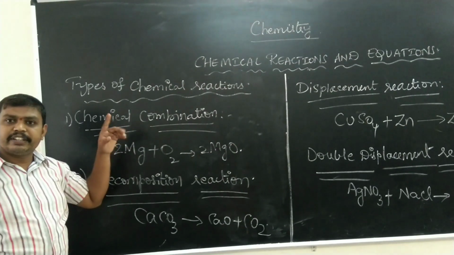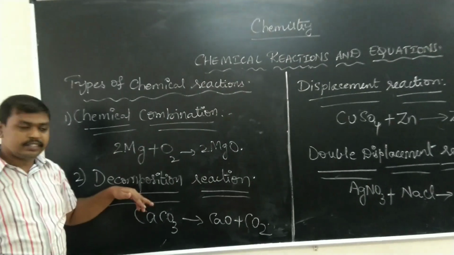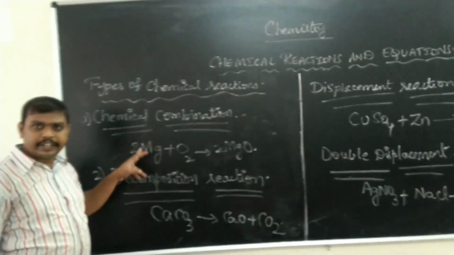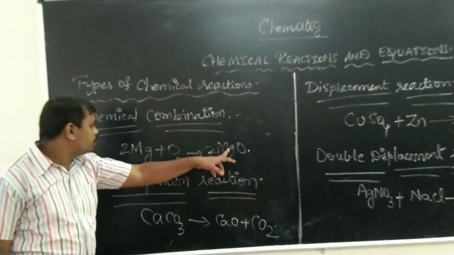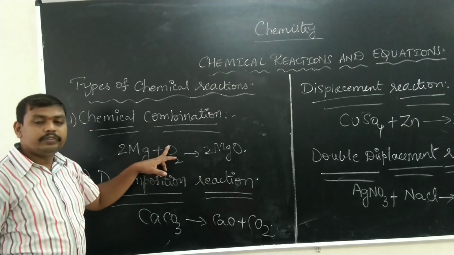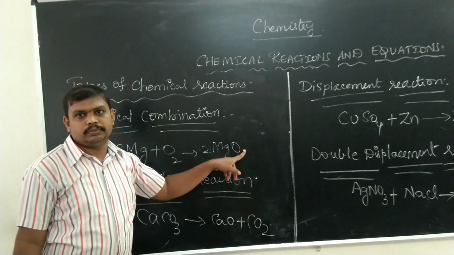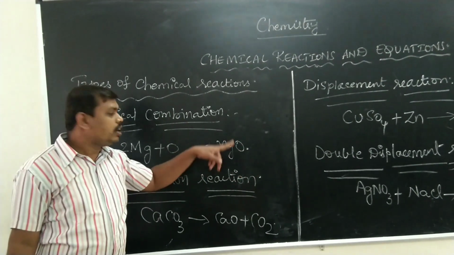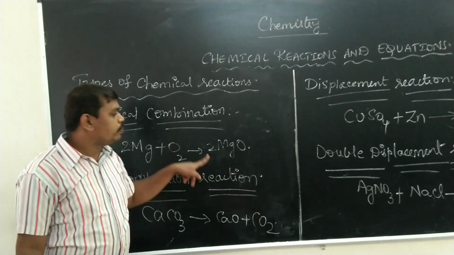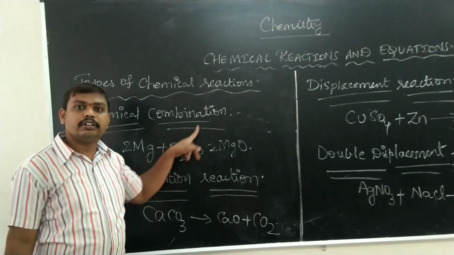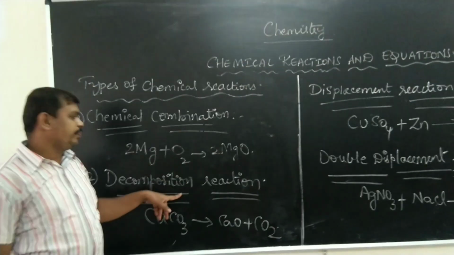Just check whether the chemical equation is balanced or not. 2 molecules of magnesium, and you have 2 molecules of oxygen, 2 into 1 are 2. In this way, the product is formed. What is the product here? 2 molecules of magnesium oxide.